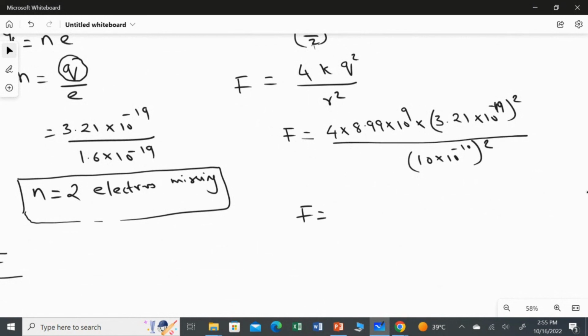F which is equal to 4 multiplied by 8.99 10 to the power of 9 multiplied by 3.21 10 to the power of minus 19 square divided by 10 multiplied by 10 to the power of minus 10 square.